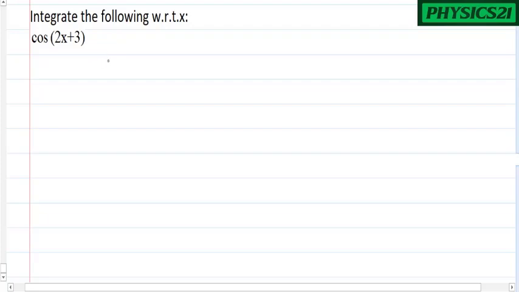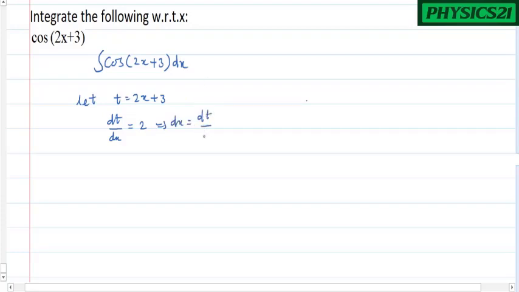Here, integrate cos(2x plus 3) with respect to x, dx. Now use substitution. Let t is equal to 2x plus 3. Now find dt divided by dx. It is only 2. The value of dx will be dt by 2. Now we will use the value of t, 2x plus 3, from equation 2 and the value of dx, dt by 2, from equation 3 and equation 1.